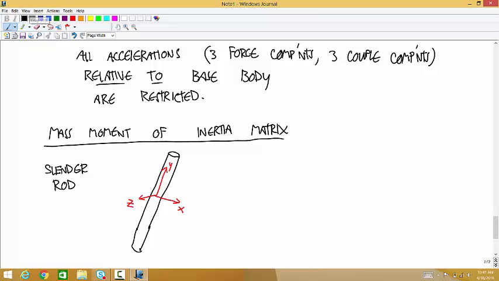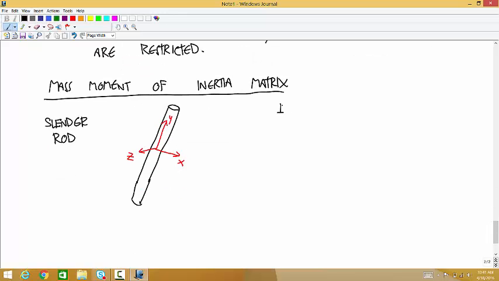And then they'll tell you that the moment of inertia about the center of mass rotating about the x-axis is equal to 1/12 ml squared.